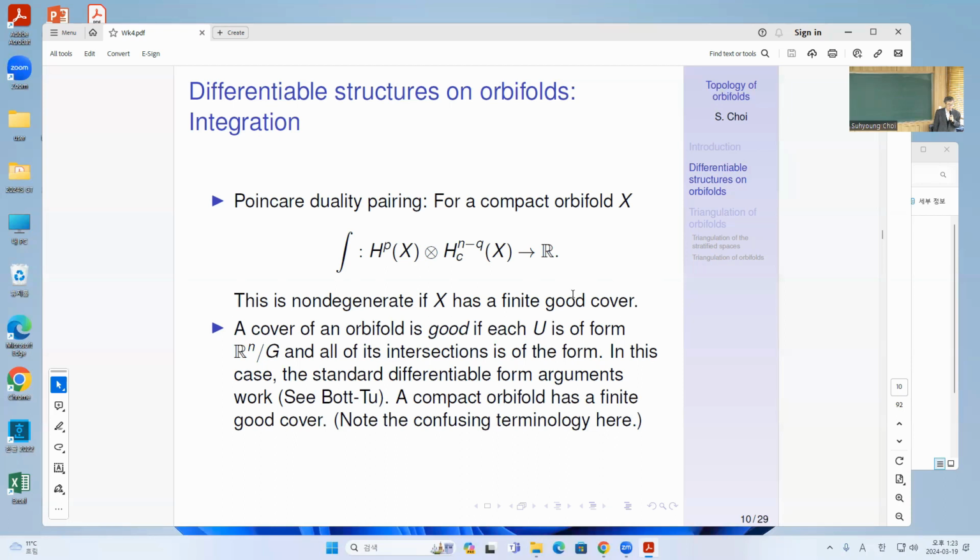So cover here means not the orbifold cover, it's just an open set cover here. So that's the definition. So I guess you can drop the compact here. So that's a little bit confusing. Okay.